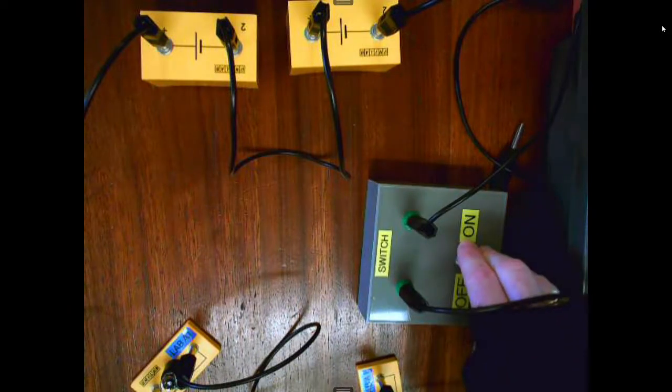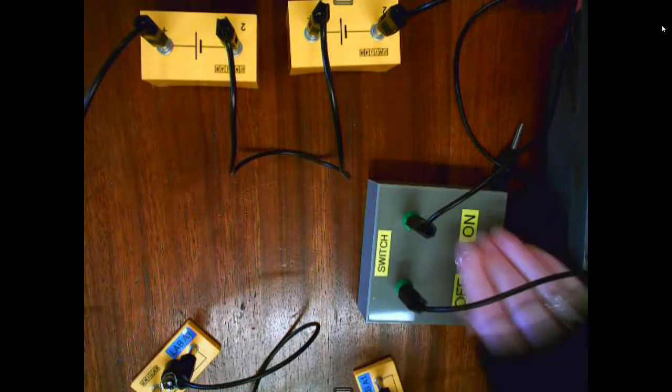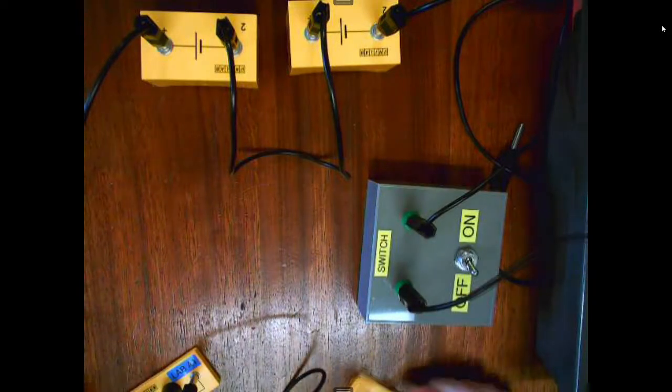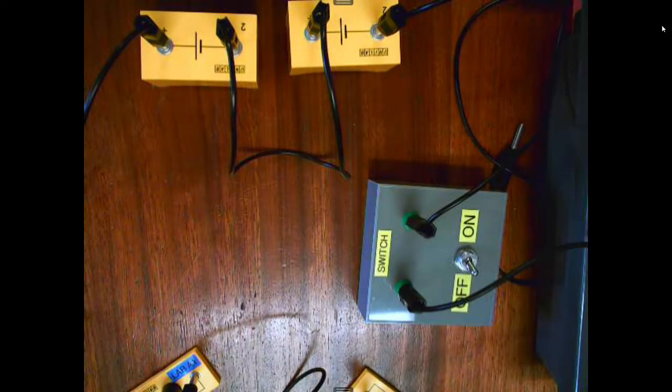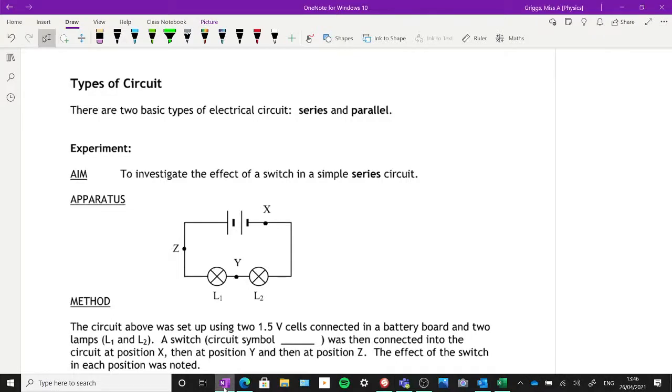Okay, so what I do in the table is I write down in position X, when the switch is open, that means off, both of my lamps are off. So I would say off and off for both of them. So can I go back to my notes? There you go.